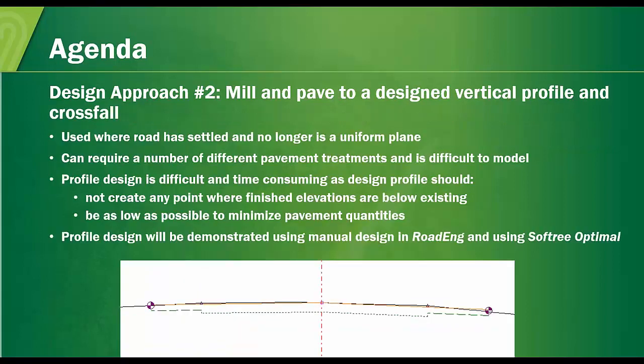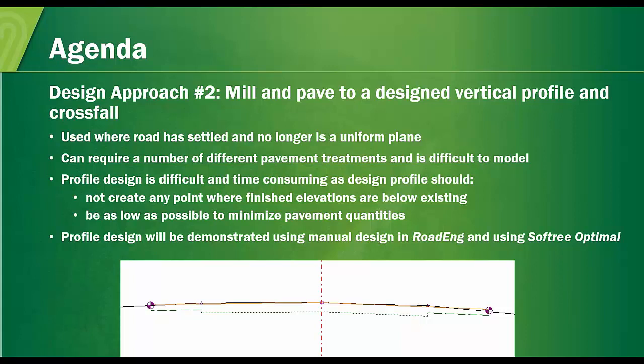And the second design approach is where it gets interesting. This is where you would be milling the existing pavement and then paving to a designed vertical profile and crossfall. This would be used where the road has settled or has little dips and it no longer is a uniform plane or no longer has a consistent profile.